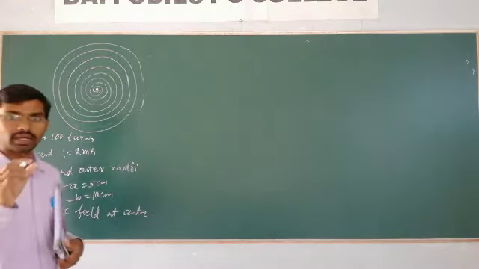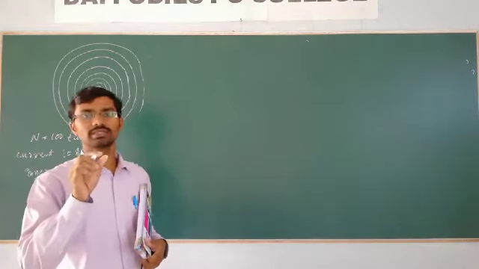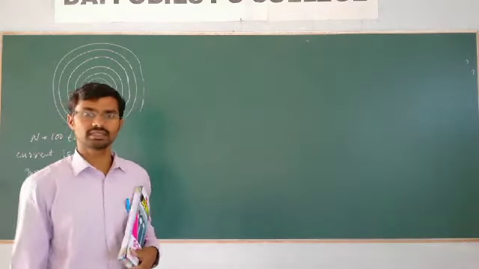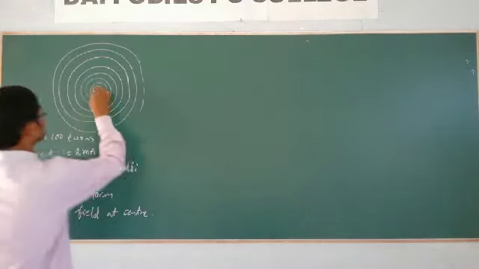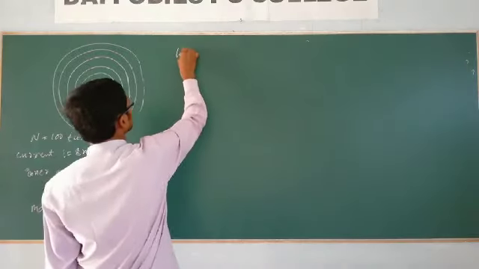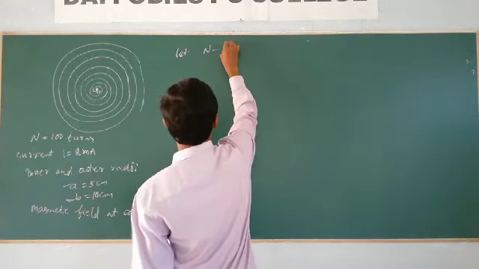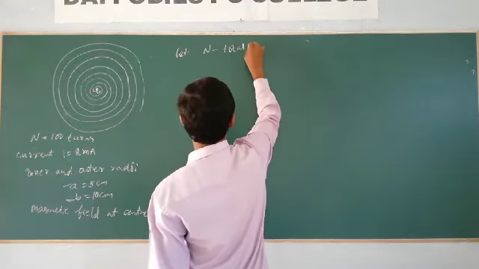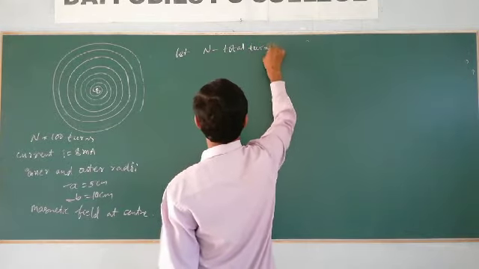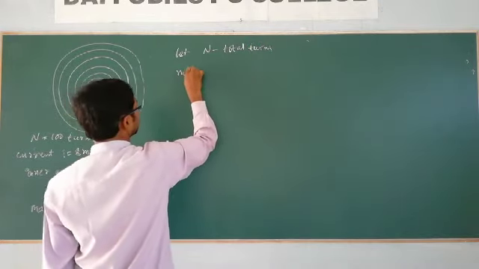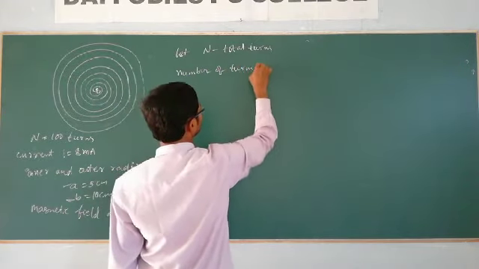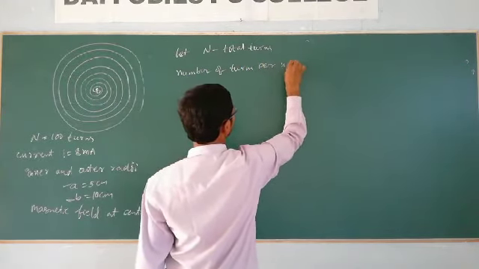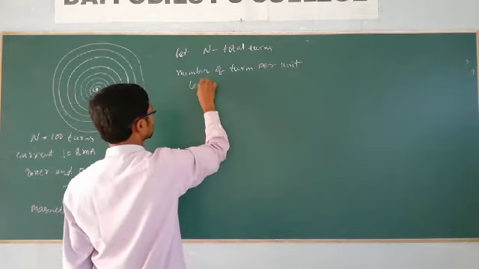first we find for a particular length what will be the magnetic field at the center. Thereafter we can apply this. Let N be the total number of turns, and let n be the number of turns per unit length.